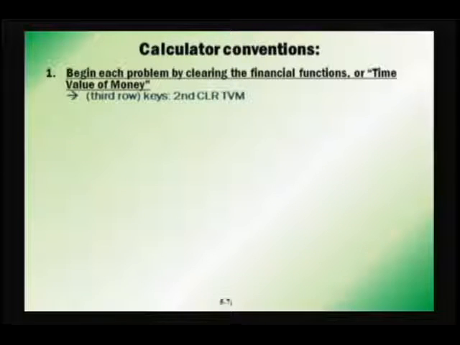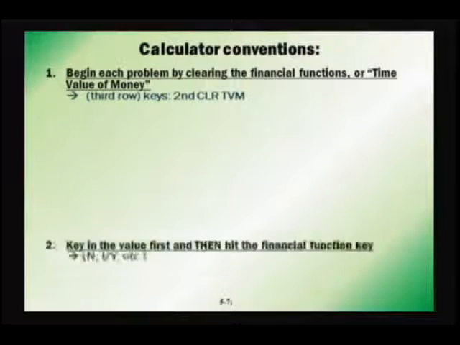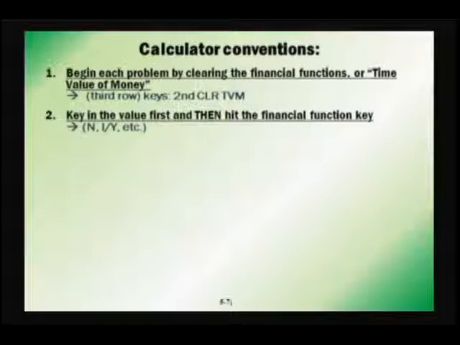Without clearing those numbers, you'll get some inaccurate answers and you'll wonder what's going on. Key in the value first, then hit the financial function key. For example, if I have an interest rate of 9, I would press 9, then press the I over Y. If I have a period of 1, I would press 1 and then press the N.